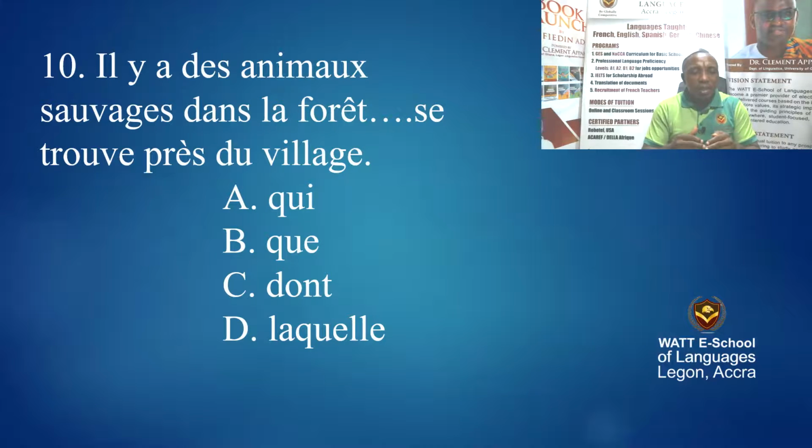So the qui here is supposed to replace forêt, or forest, and be the subject of the verb se trouve. So here, the correct answer is qui. Why? Because it's supposed to be a pronoun. But of the four of them, only qui is a pronoun. Que is not a pronoun. The interrogative word is not a pronoun here. So the correct one is A.